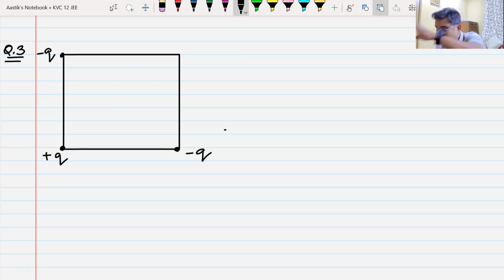Now, 3 charges are already here. I have brought these 3 charges from infinity and placed them here. Now I have to get the 4th charge. The 4th charge, plus Q, is at infinity, lying there. Someone has to go and bring it into the system.